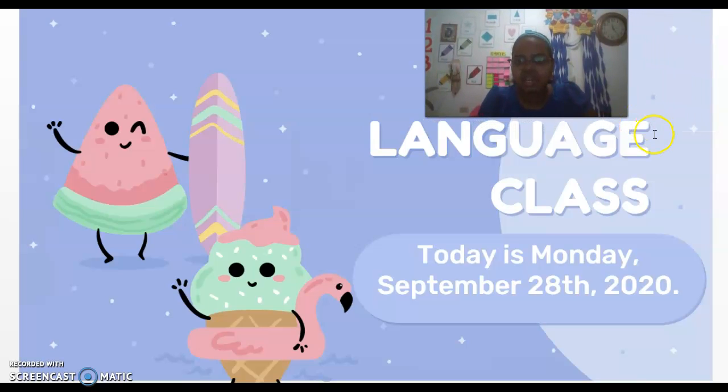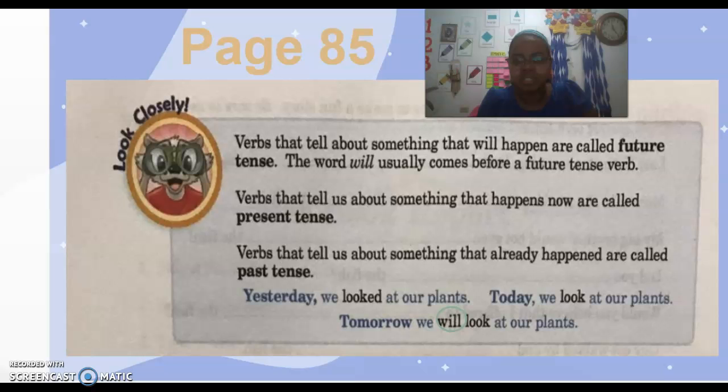In our language class today, we are going to continue with the tenses of the verb. Remember that last week we were talking about page 85 about the tenses of the verb, and we were discovering that each verb has three different tenses: past, present, and future.